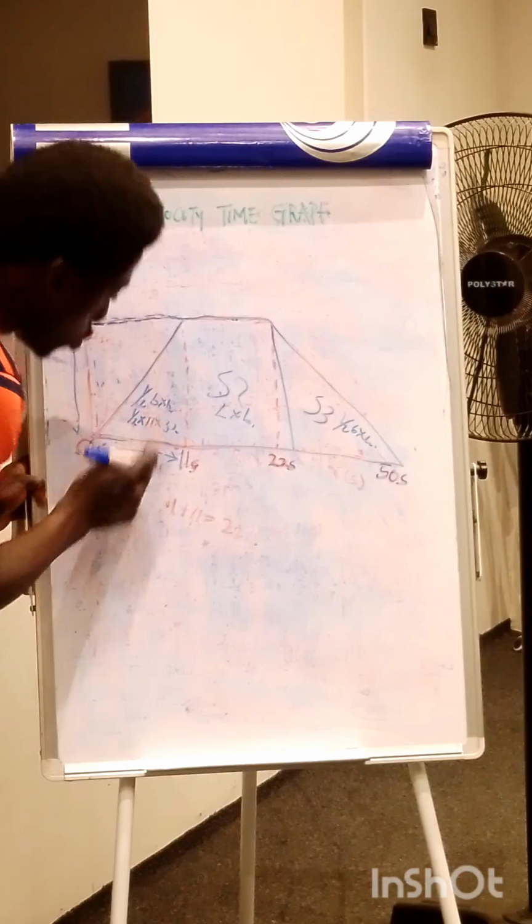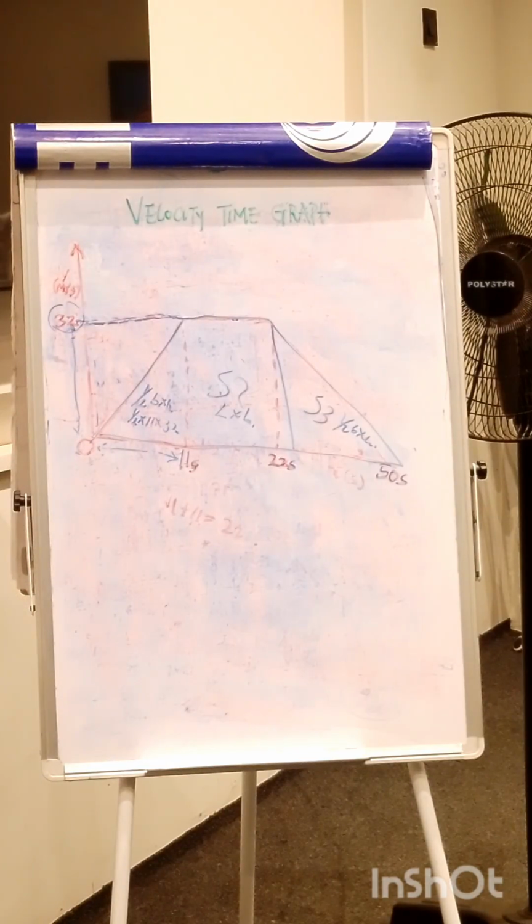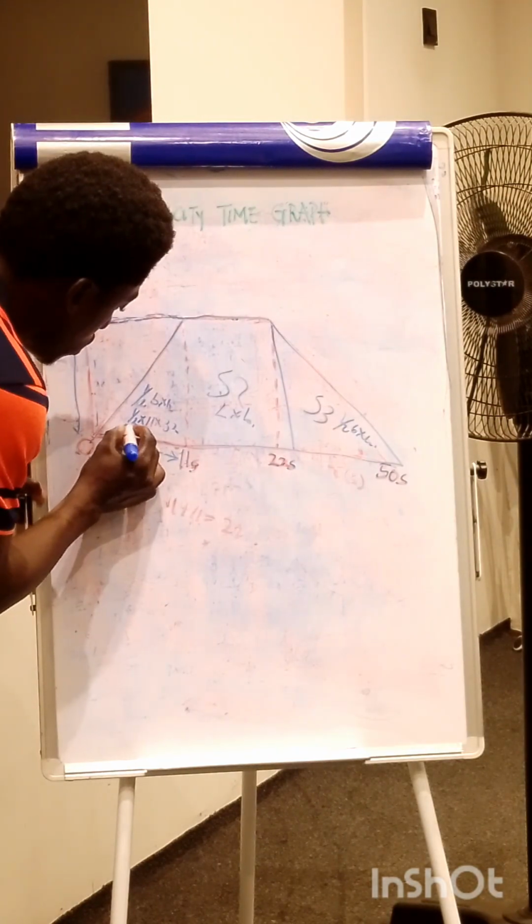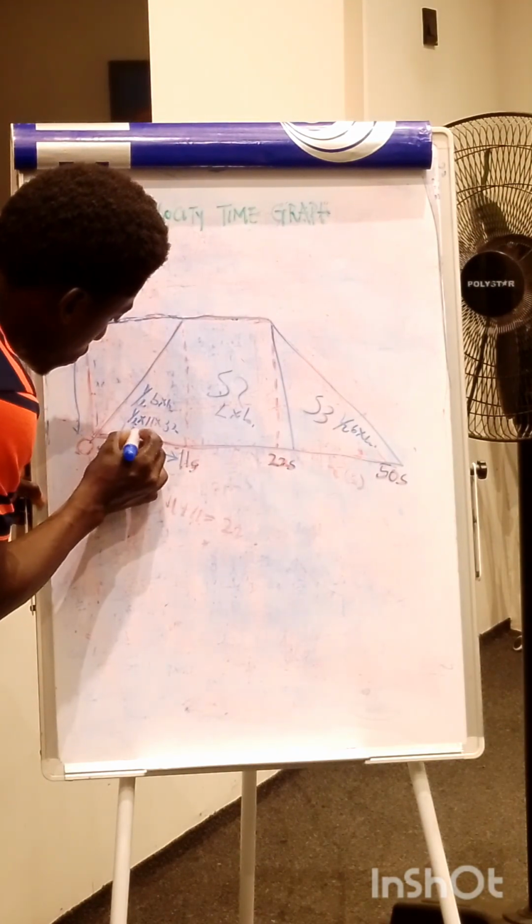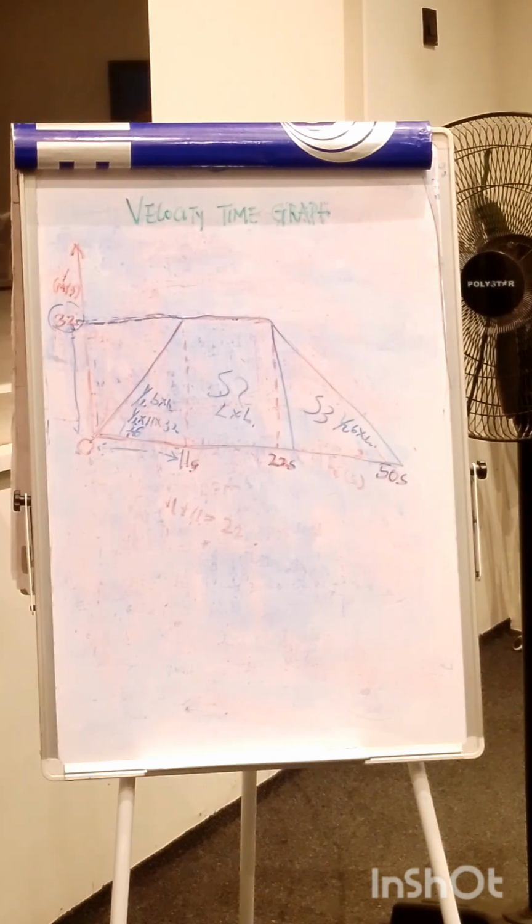So press this into your calculator. Be fast. 1/2 multiplied by 11 multiplied by 32. So you should have your answer as 176. Now let's move on.